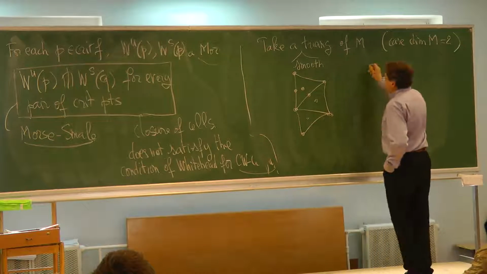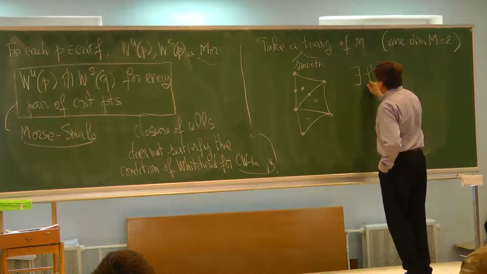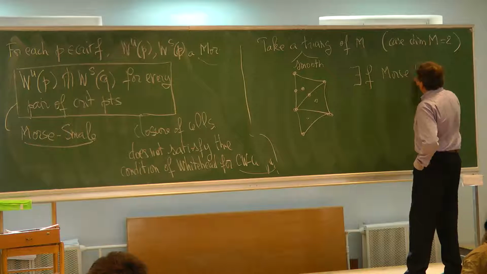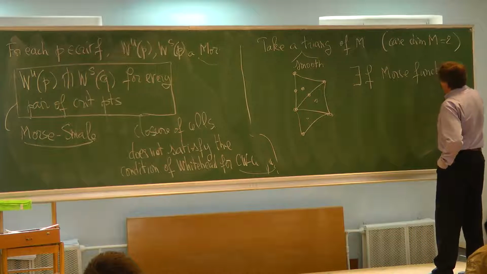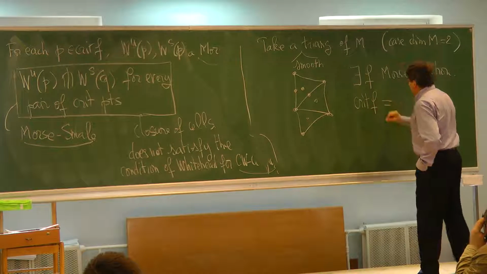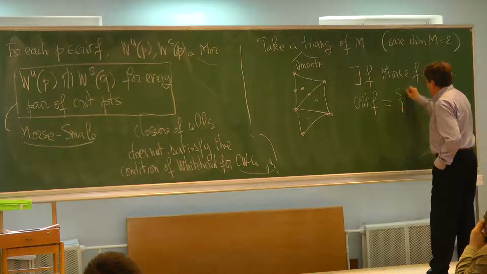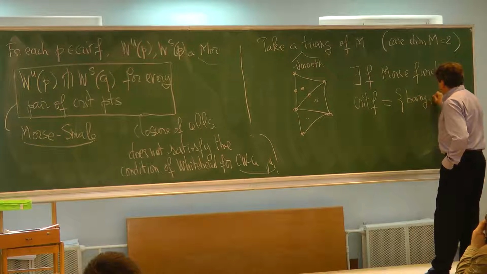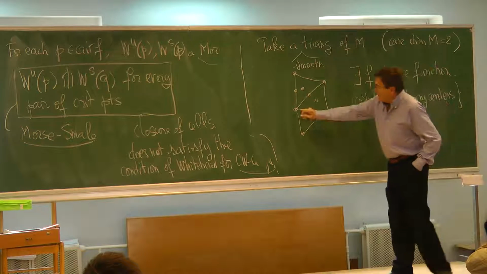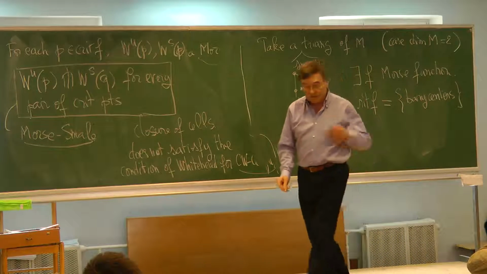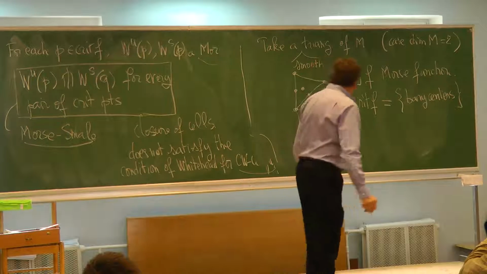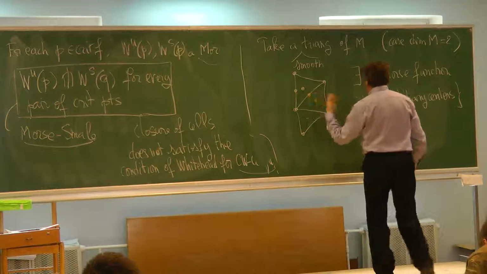And there exists easily a Morse function whose critical set is exactly the set of barycenters, with a minimum, index 0, for the vertices, index 1 for the edges, index 2 for the centers of the two-cells, and so on.